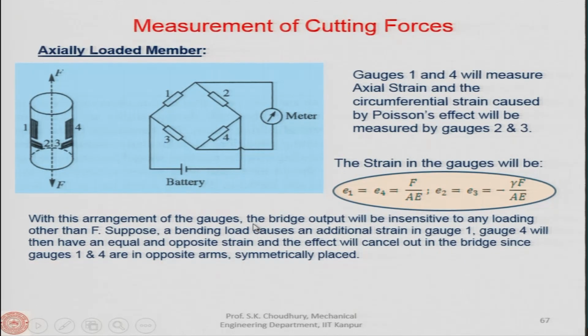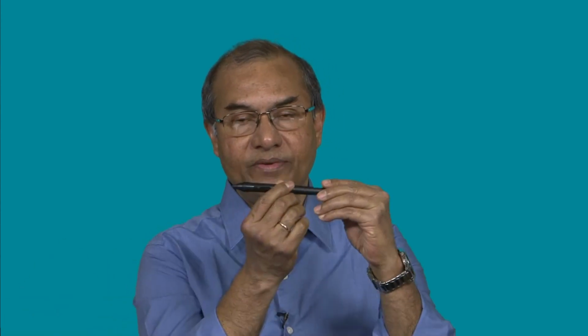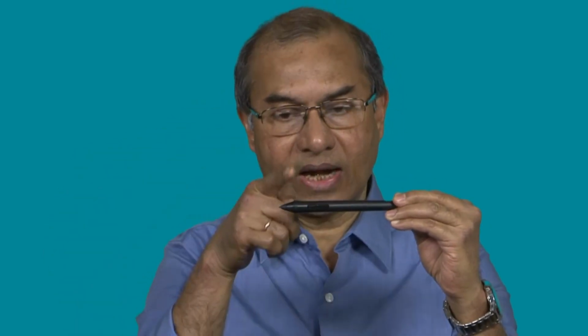All right. Next, let us see the measurement of cutting forces with the help of a cantilever beam. This is the cantilever beam shown here, which is fixed on one side, and there are two loads: one vertically located, and another perpendicular to that at a 90-degree angle.